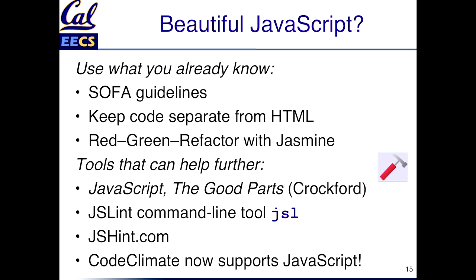There's also a site that's relatively recent called JSHint. I have not had a chance to investigate in any detail yet, so I'm not sure what to tell you about it. And as of literally like last week, Code Climate now supports JavaScript. So they'll now do metrics on your JavaScript as well as on your Ruby and Rails application code. So we're big fans of tools, and I'm going to make it my business to learn more about JSHint and decide which ones I want.